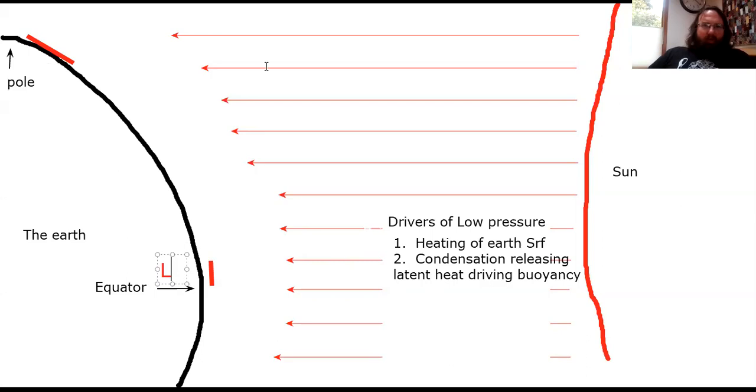So at the equator, you get this moisture-laden air rising. As it rises, it decompresses, moisture condenses, the condensation releases latent heat, and you get wet weather in these equatorial regions.